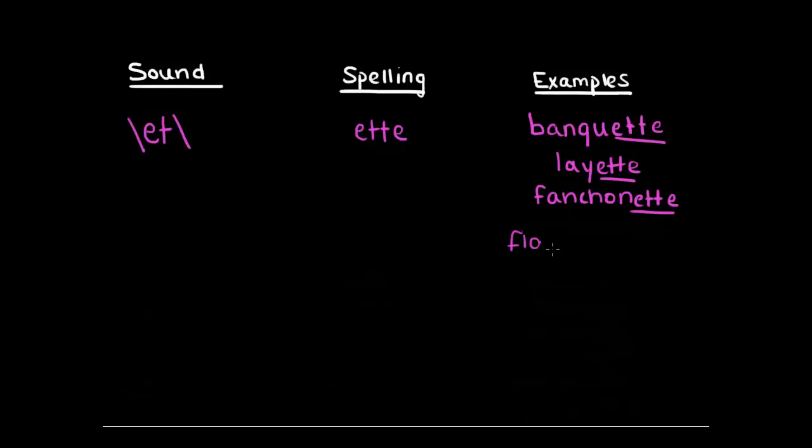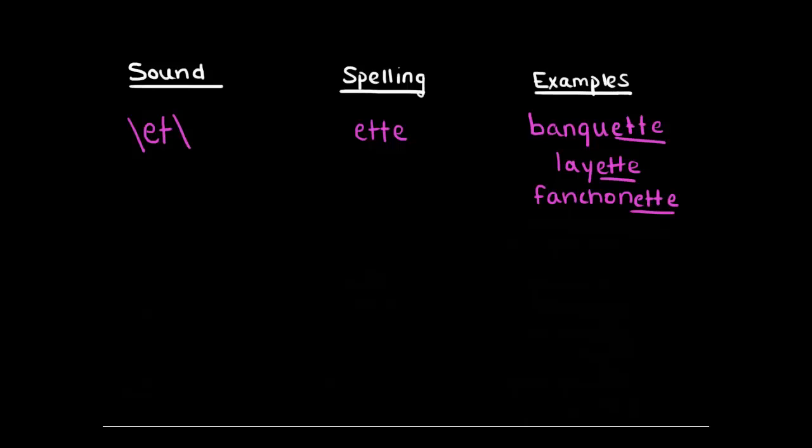Let me just put it down here. Flagellate has an et sound. It's spelled with an et, not ette, but an alternate pronunciation of this is flageolet. So that sometimes gives it away that it's not ette at the end. But most of the time it's going to be ette, as we see here.